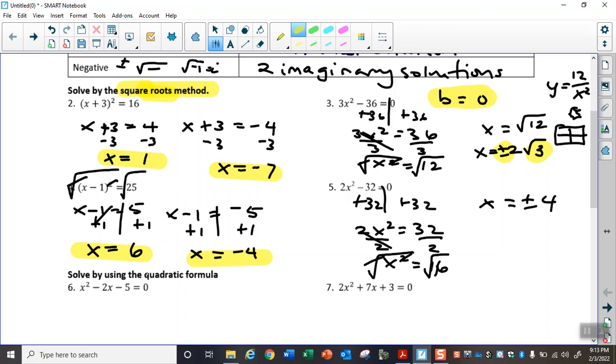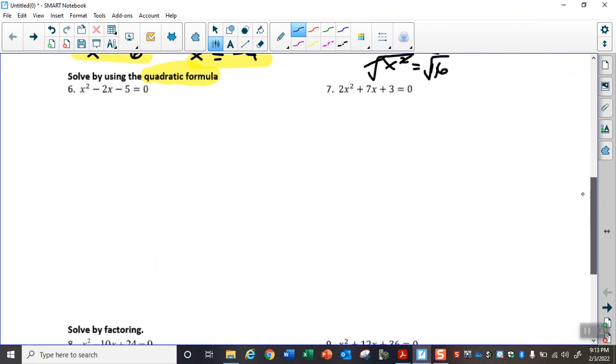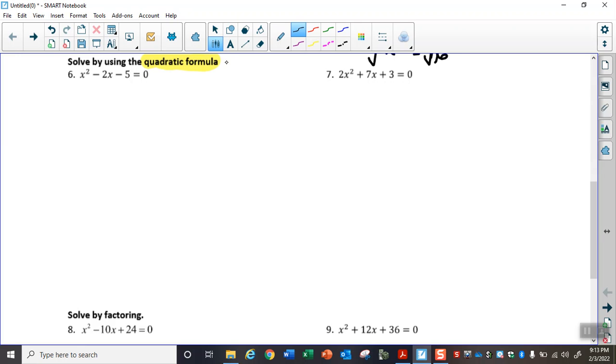All right, now we're going to use the quadratic formula. So get ready to do some substitution here. So the quadratic formula is x equals the opposite of b plus or minus the square root of b squared minus 4ac, all over 2a.